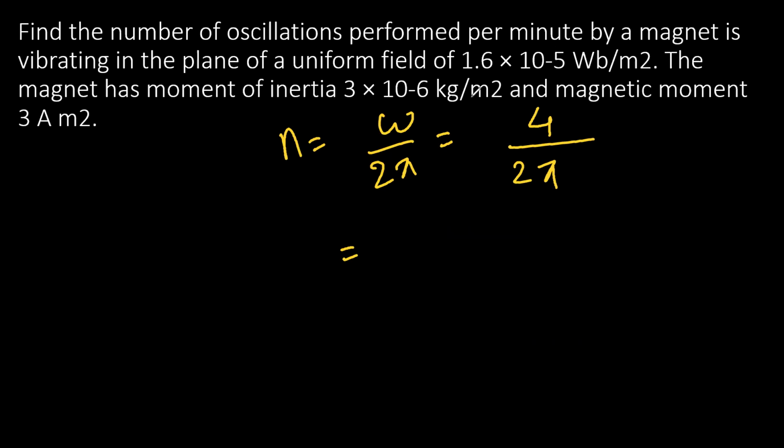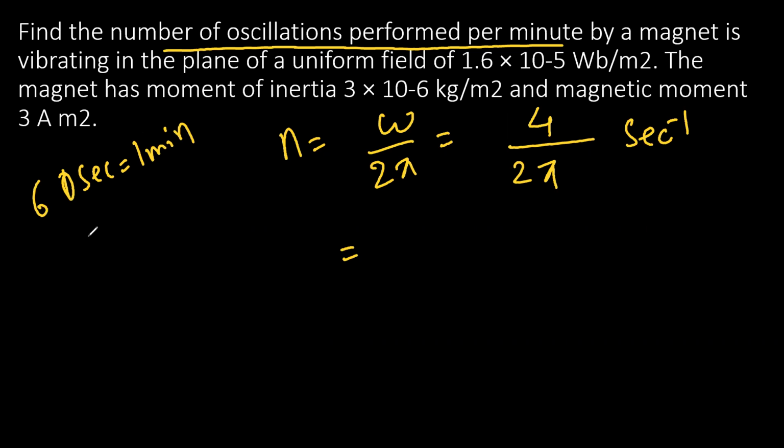Now what is the required number of oscillations per unit? This is in second inverse. Because it's second inverse, you need to multiply by the minute, meaning convert seconds into minutes. So 60 seconds is equal to 1 minute. So 1 second is equal to 1 minute by 60.